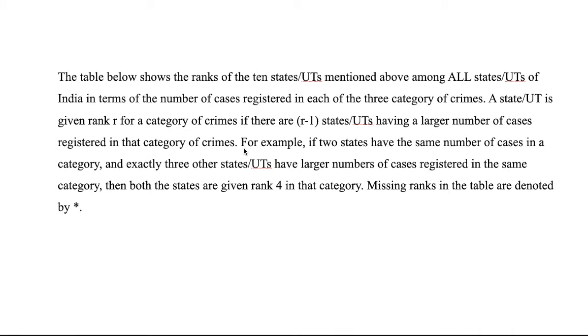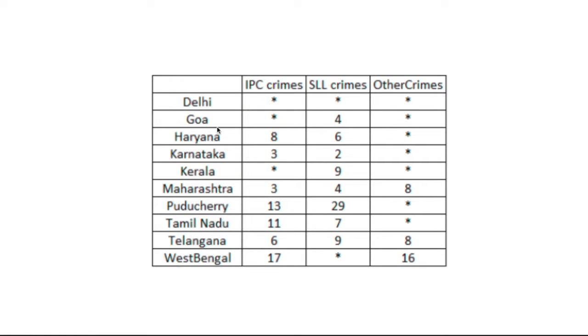So, for example, if two states have the same number of cases in a category and exactly three other states or union territories have a larger number of cases registered in the same category, then both the states are given rank 4 in that category. Missing ranks in the table are denoted by asterisk. So this is the table where the ranks of each state in each crime division are given. As you can see, these asterisk fields are fields where we don't know the rank of those states. Okay, so let us go ahead and solve the questions.